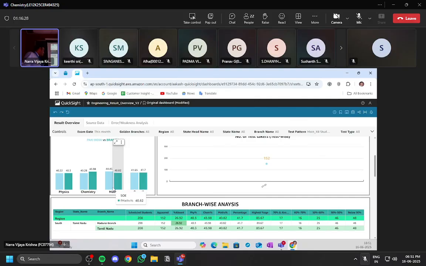You need to work on maths. Last year you used to get greater marks in maths. What happened? This paper was tough. Then why are you not doing well? Overall 41.65, 41.7. Your all India average and branch average are maintained, and 50 people have not given.